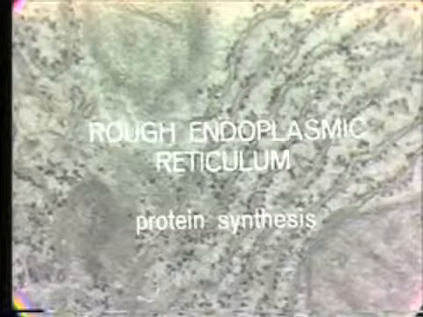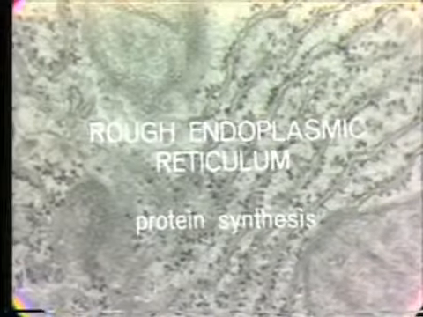In a protein-secreting cell, we have large amounts of rough endoplasmic reticulum. These are double-layered membrane structures studded with ribosomes. The ribosomes are made of ribonucleic acid and protein. These are on the outside surface of the rough endoplasmic reticulum.